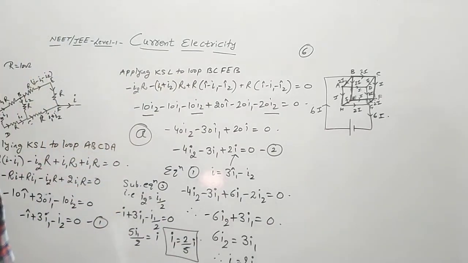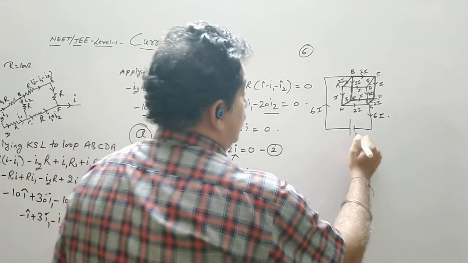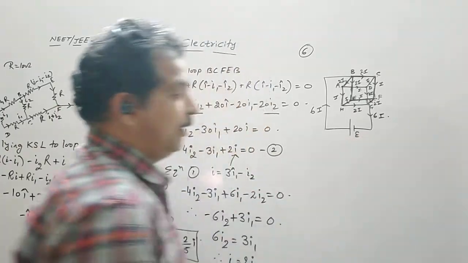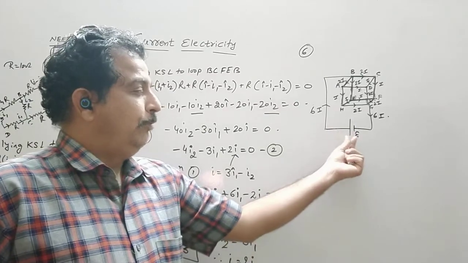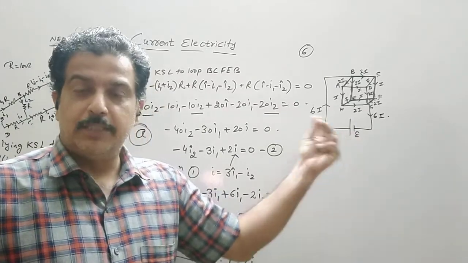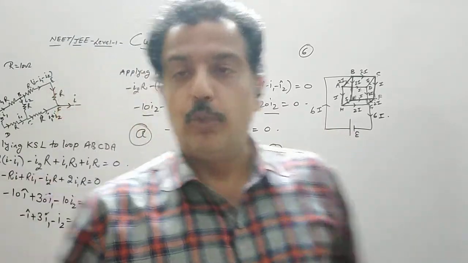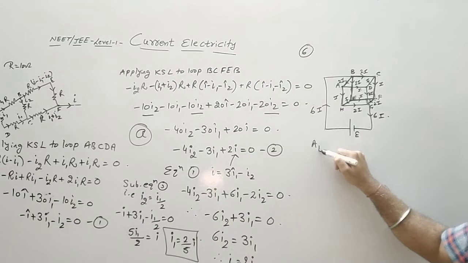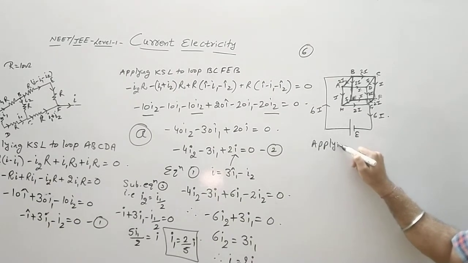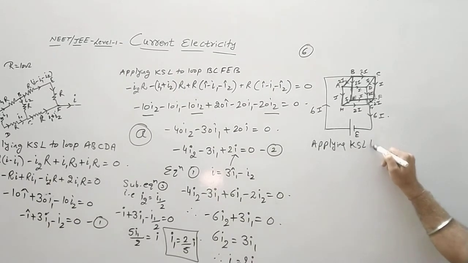So we have to take only one loop, and the requirement was that the loop should compulsorily be the loop which involves a battery, because in the end we have to apply Ohm's law. So you take any one loop. Let us take the loop applying Kirchhoff's second law.